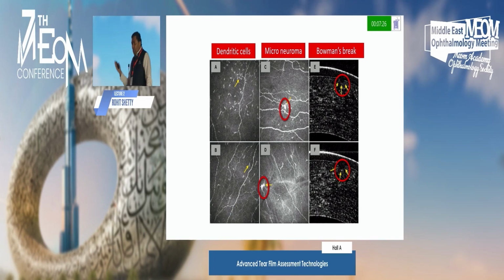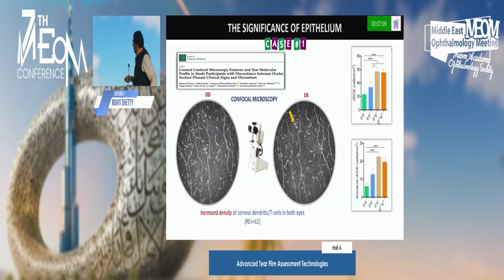So if you look at OCT and microneuromas, you can pick up why sometimes people with very strong pain have a very thin Bowman's, because microneuromas secrete IL-17 and IL-6, and these things can erode your Bowman's layer.